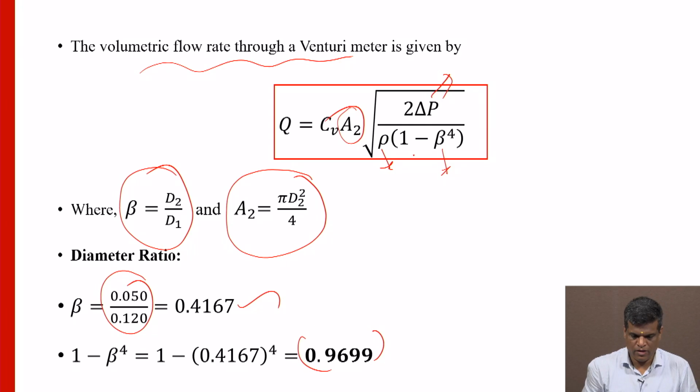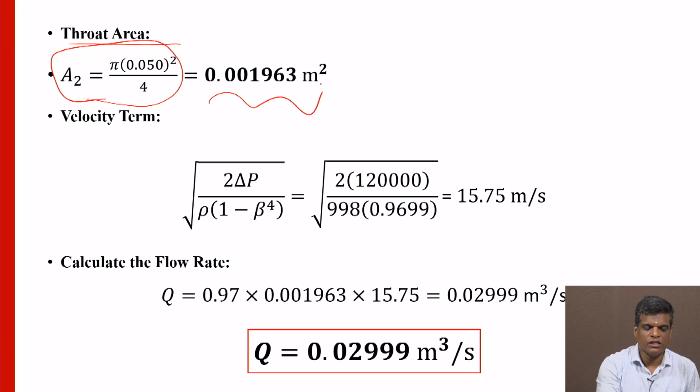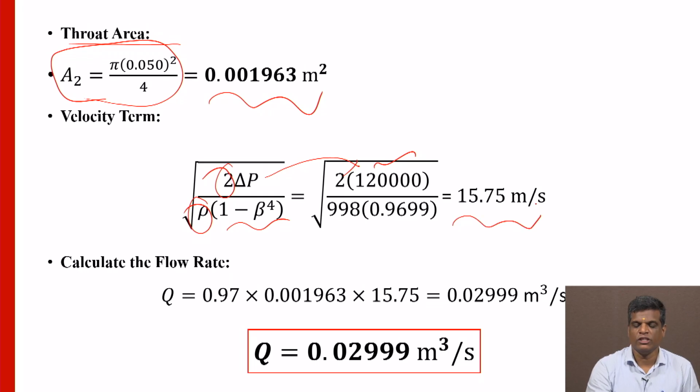The throat area we can also get. The pressure drop is given in the problem, and the density is also there, so we can get the velocity.